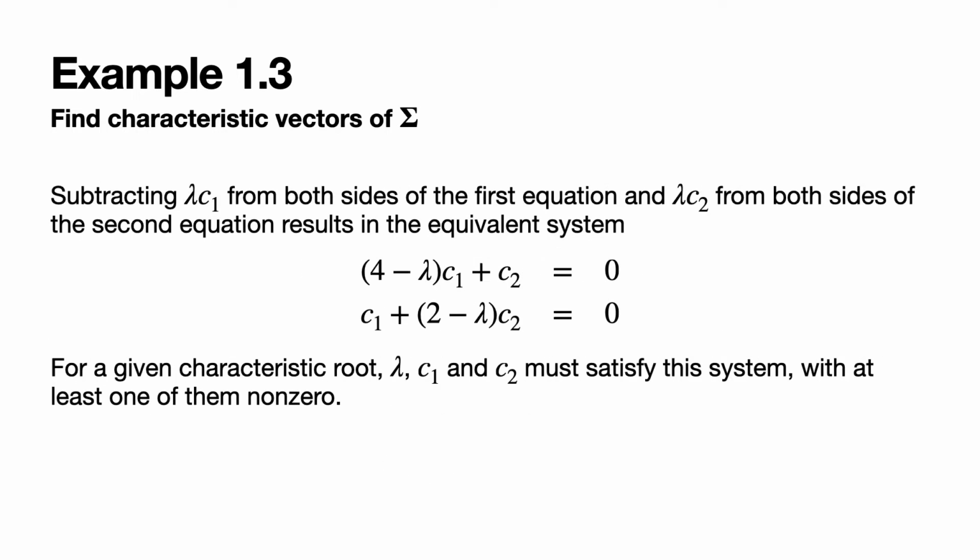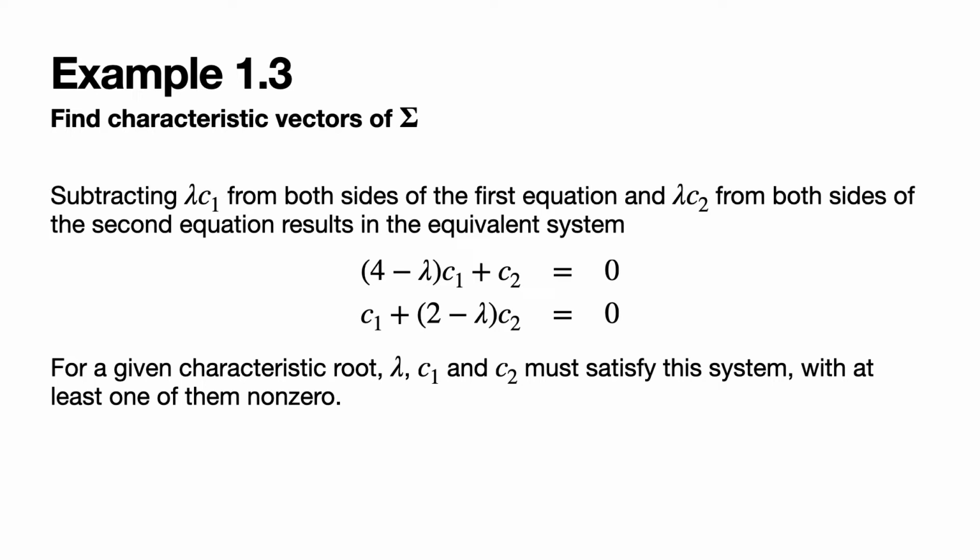Now, subtracting lambda times c1 from both sides of the first equation and lambda times c2 from both sides of the second equation results in the following equivalent system. So the first equation would be (4 minus lambda) times c1 plus c2 equal to 0.